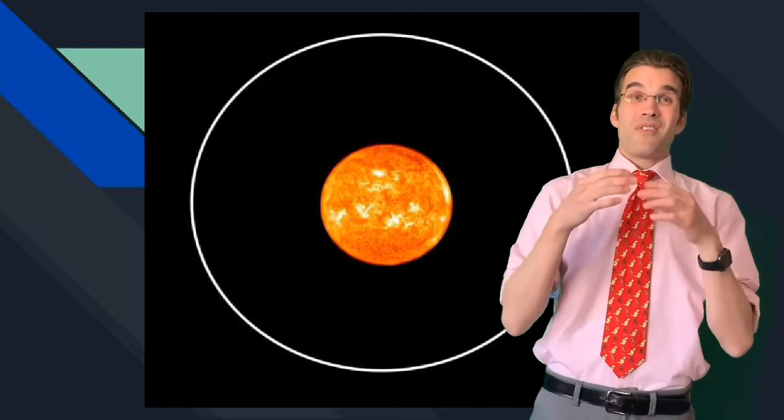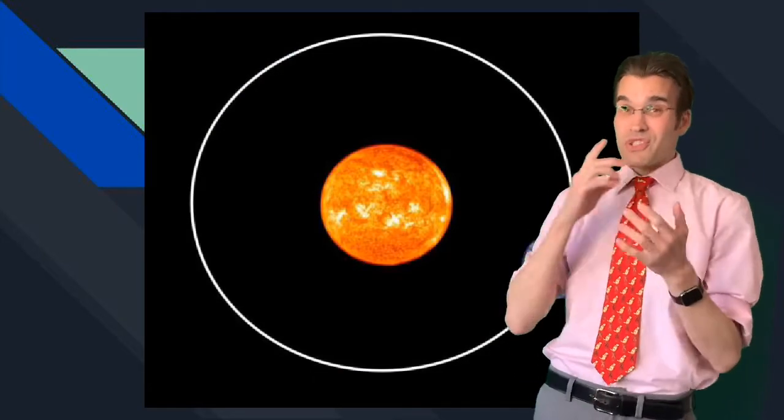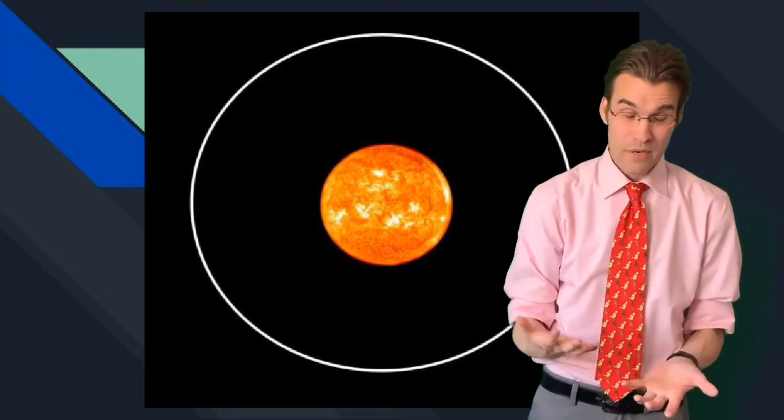So, here we go. Now, the Earth is spinning at 1,000 miles an hour. It feels like we're just sitting here, but the Earth is actually going 1,000 miles an hour as it spins. Now, the orbit of this, as the Earth goes around the sun, is going 67,000 miles per hour.